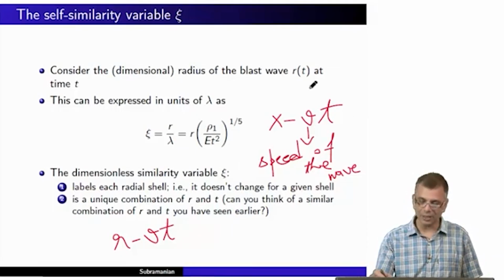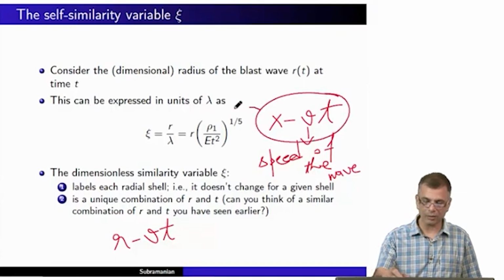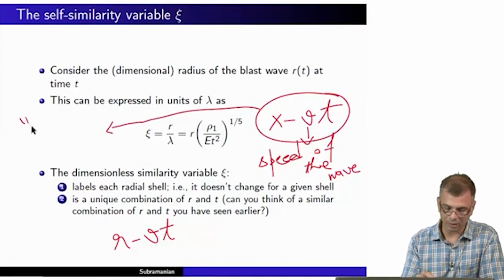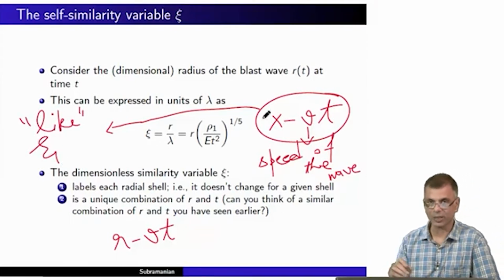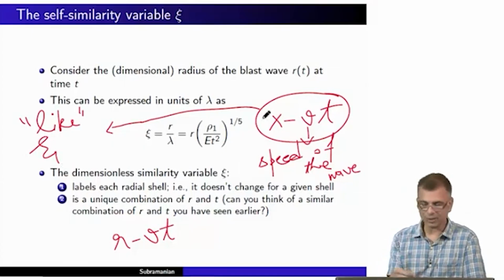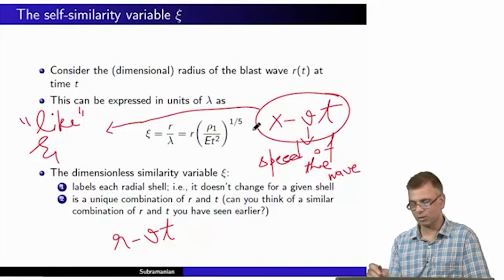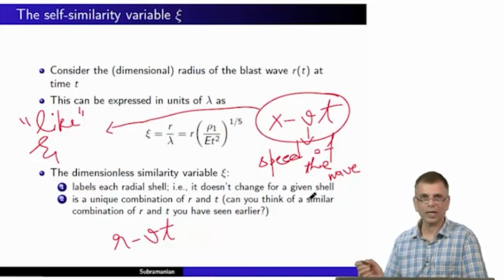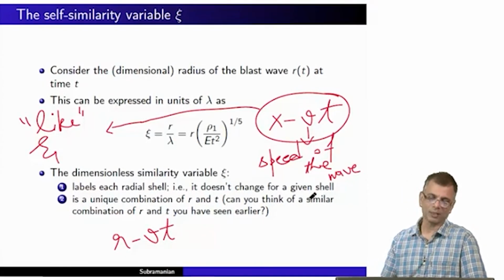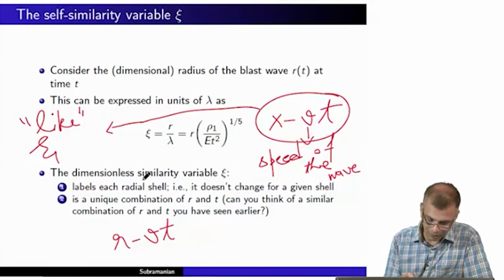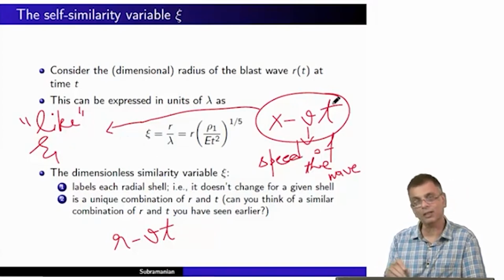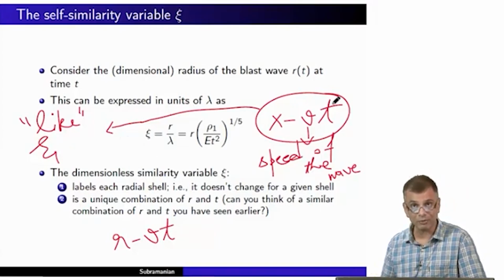This is the equivalent of psi. Here in this case, it is not r minus vt, it is r times t raised to minus 2/5. That is okay, but still it is in the same spirit. So this is a similarity variable, and it is very similar to this other slightly simpler similarity variable that you have seen before.